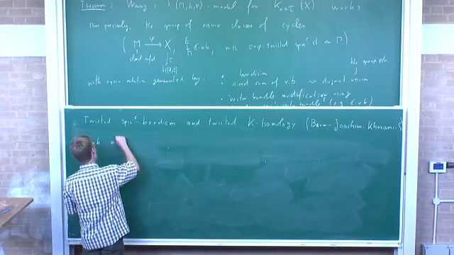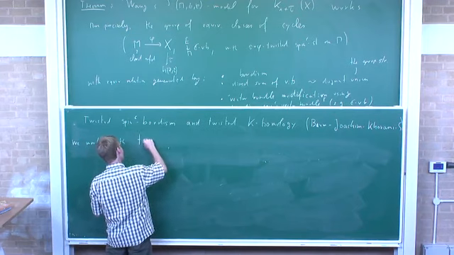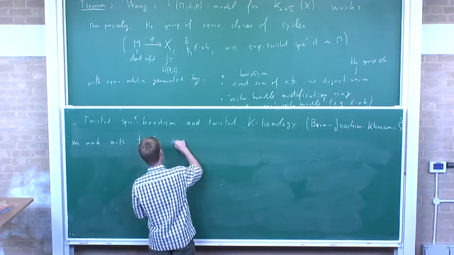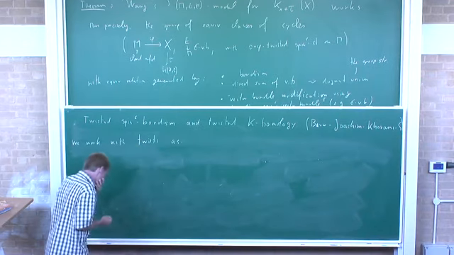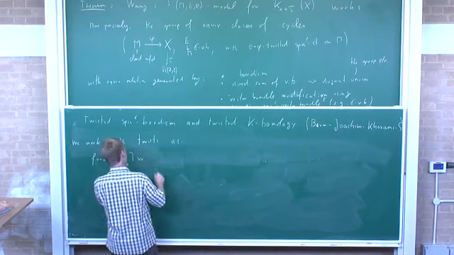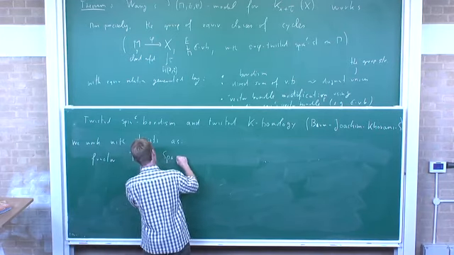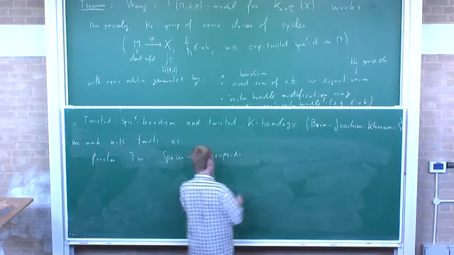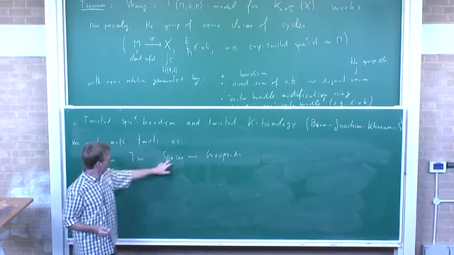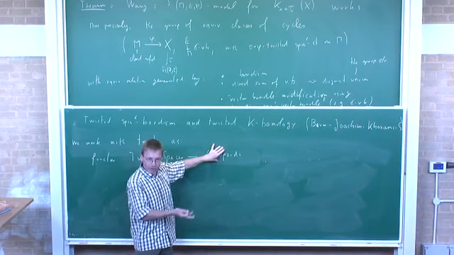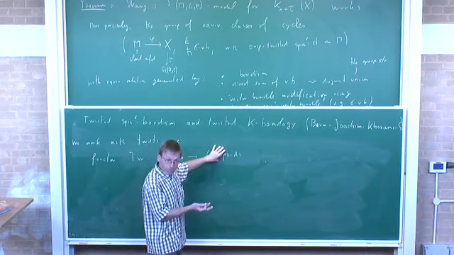We work with twists, a functor Twist from our category of spaces to groupoids. So each time I have a space, I get a whole groupoid, the groupoid of twists.